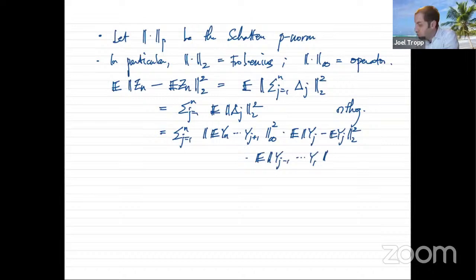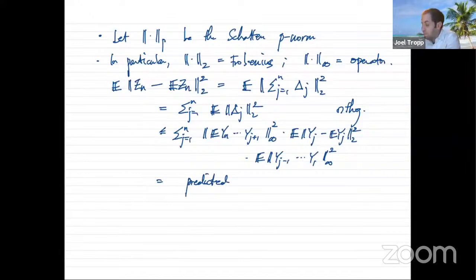Sorry, keep getting this wrong. Operator norm squared. So this is just a matter of writing down the definition of delta j and then using the simple operator norm bound for the Frobenius norm to pull off the left factor and the right factor. And then using independence, we distribute the expectation onto the deviation term here and onto the suffix term here. So the way to understand this is that we have three terms here. This is an inequality. Sorry, this should be less than or equal to.